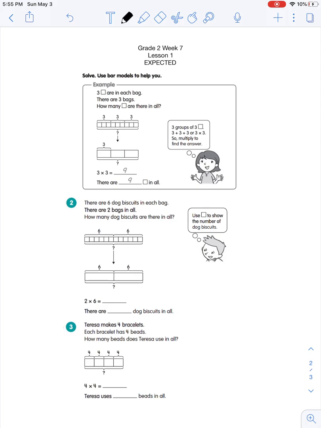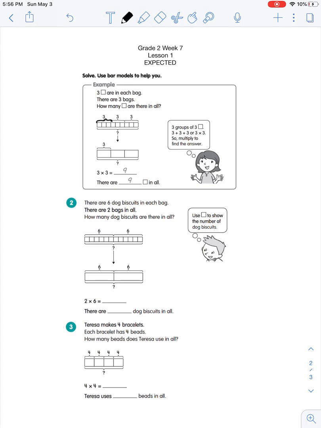All right, let's take a look at this expected work. It says solve. Use bar models to help you. Here's an example. 3 squares are in each bag. There are 3 bags. How many squares are there in all? Well, this one, they drew out the whole picture, right? They drew out 3 squares, and then they used the brackets to make each bag, because we have 3 brackets.